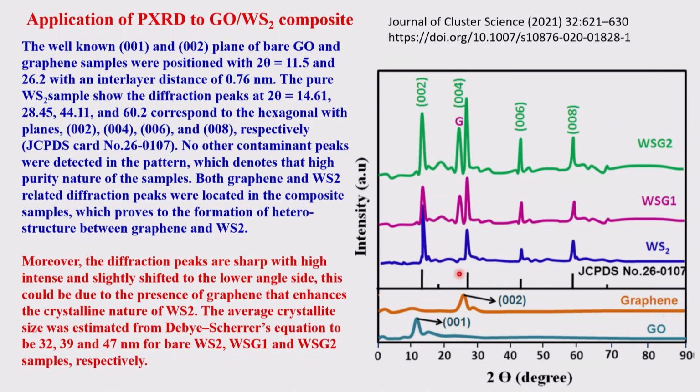Okay, so based on the crystallite sizes, you can say that the crystallites are changed. Whatever the particle sizes that you have, they differ, and because of the influence of the graphene on the WS2, these changes have come. So that is what you can call a composite is formed. I hope that is understood.